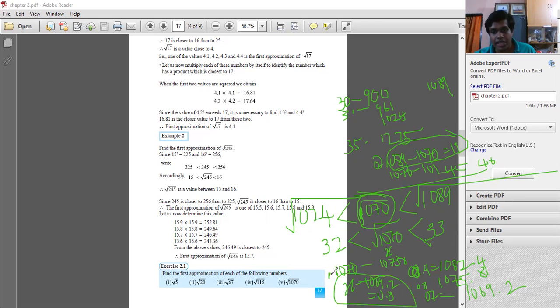This value is much closer than that value.